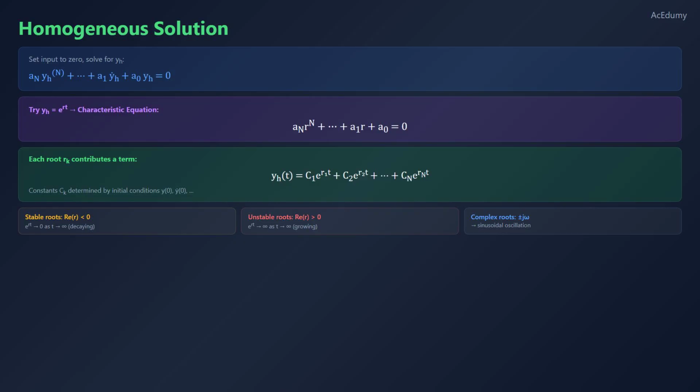Each root rk gives a term ck times e to the rkt. For a second-order system with two distinct roots r1 and r2, the homogeneous solution is c1 times e to the r1t plus c2 times e to the r2t, with constants determined by initial conditions.